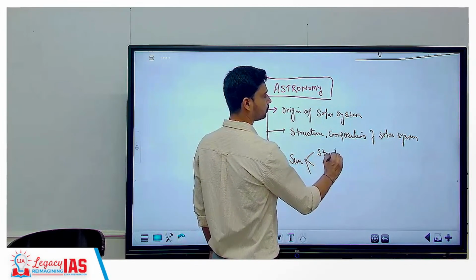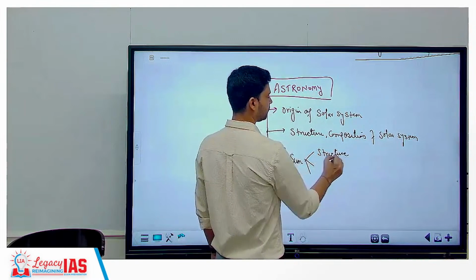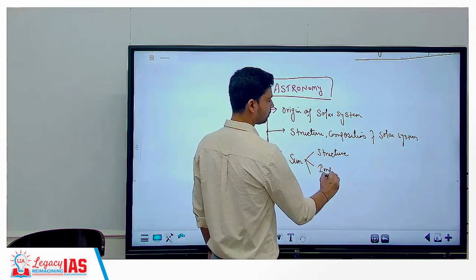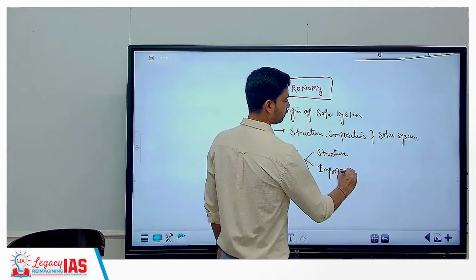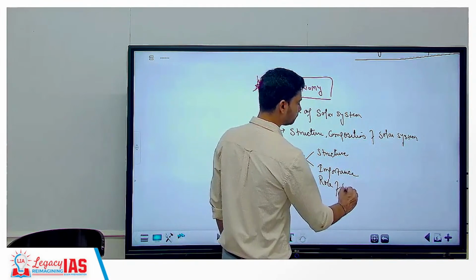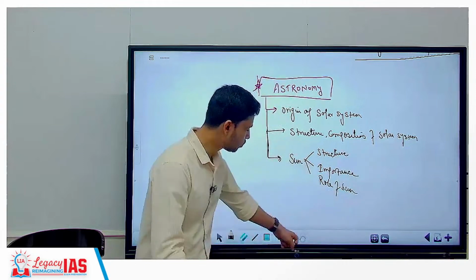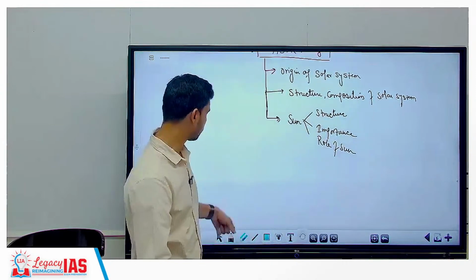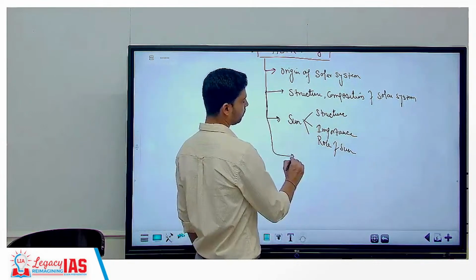Structure, importance, and role of the sun. What is the role of the sun in the solar system? How does it influence the solar system? So the sun, and we have to study about the moon.